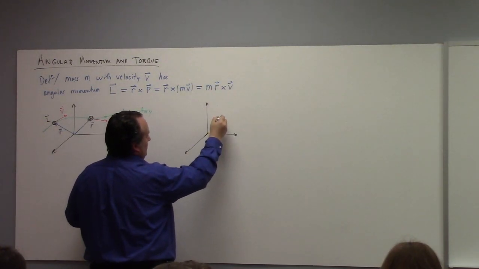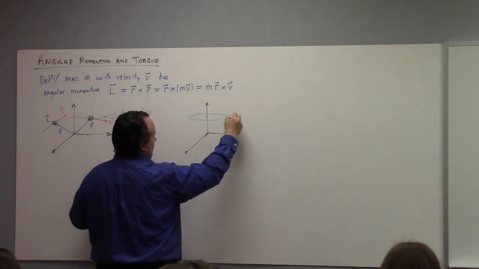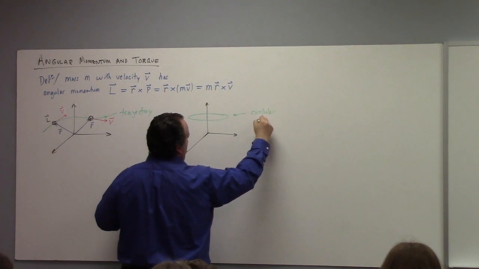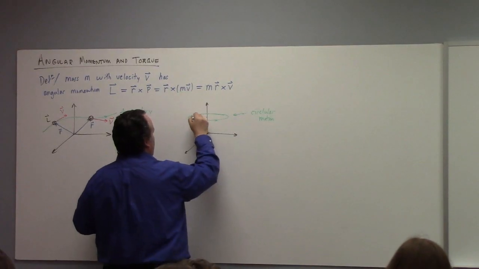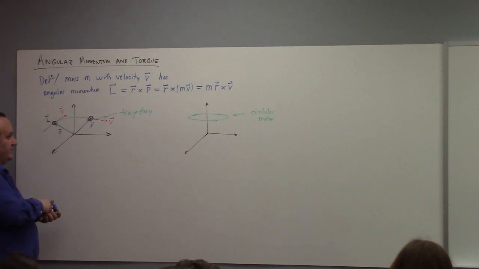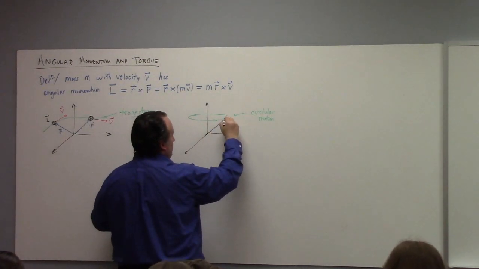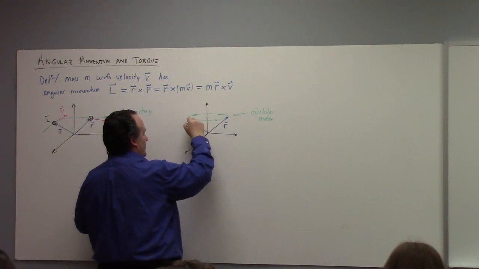So I'll do it up here, maybe. All right, circular motion. And we'll make it go this way, all right? And so my radial vector, something like this here. The radial vector would be like that over there, right?